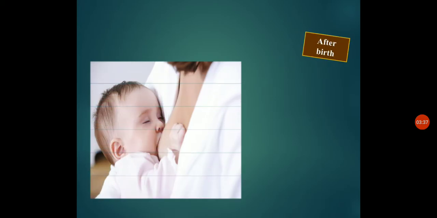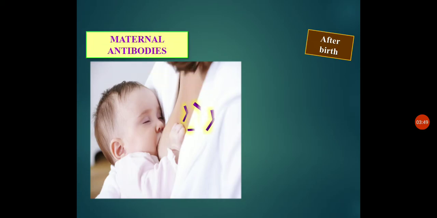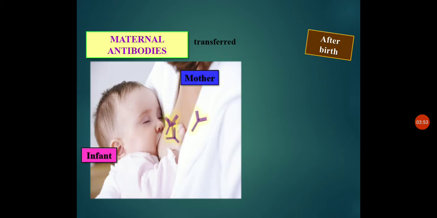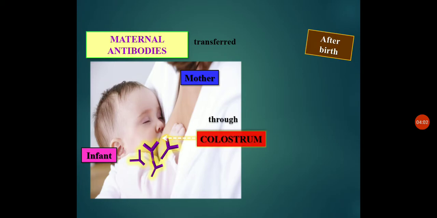Even after birth, the mother's feeding process is very, very important, because no other source is a substitute for the mother's milk. These antibodies are also transferred after birth from the mother to the infant through the milk that is conveyed, and it is rich in colostrum.